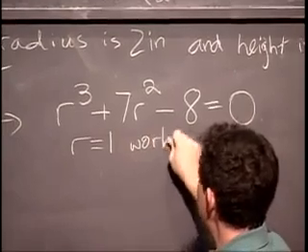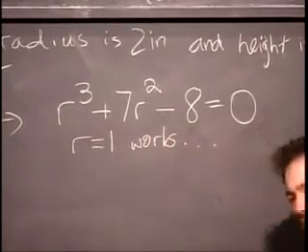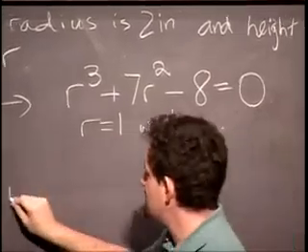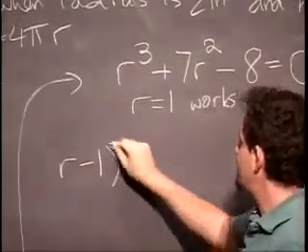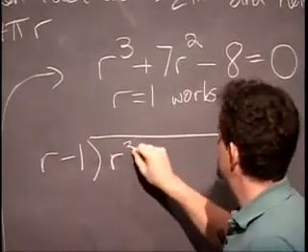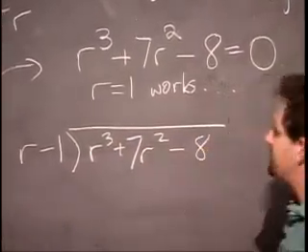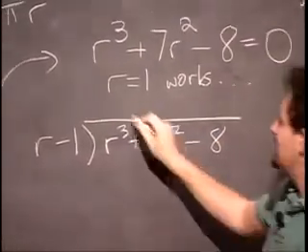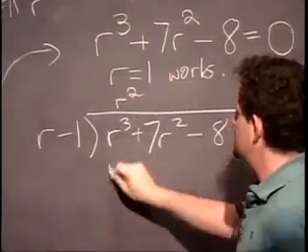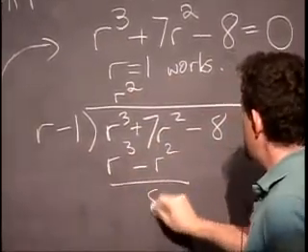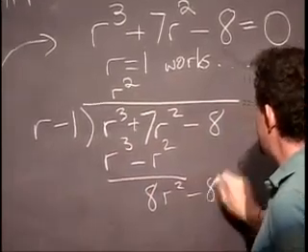But is that the only solution? Are there any others? The only way you can be sure is to realize that we must have a factor. Yes, you have to set up a division. You must have a factor of r minus 1. And if we try this, we get r squared, r cubed minus r squared, and we have 8r squared minus 8.